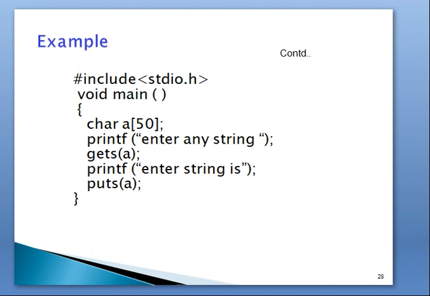Whatever string you entered, that string is printed on the screen. If you observe these both functions, the gets function is used to read a string, and the puts function is used to print a string.